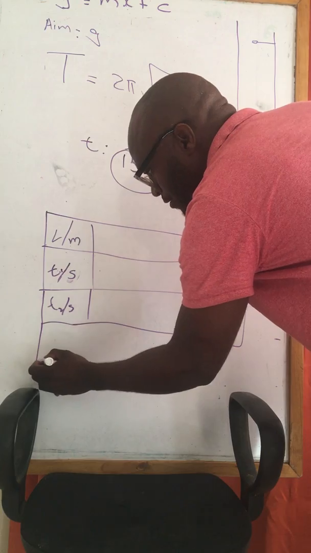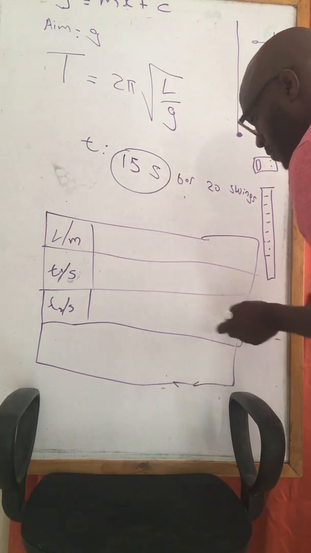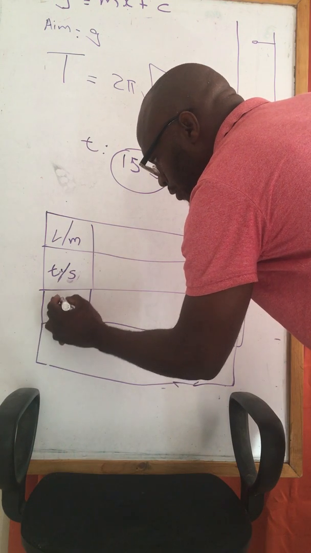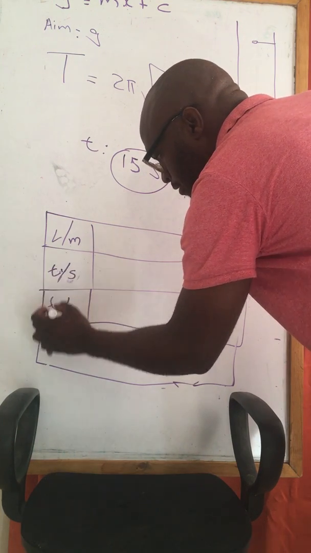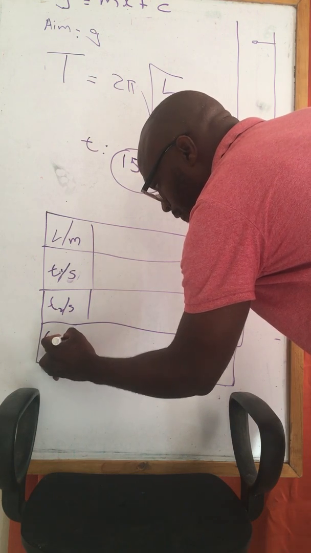And then we have T average, which would be t1 plus t2 divided by 2. We get T average.